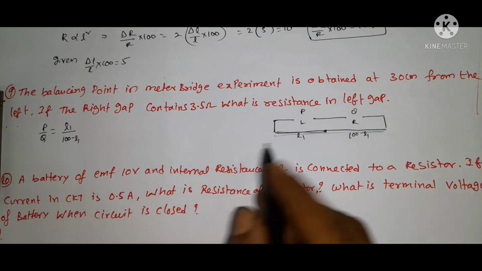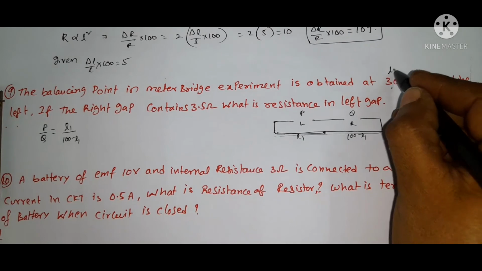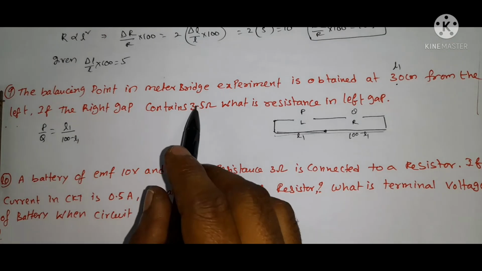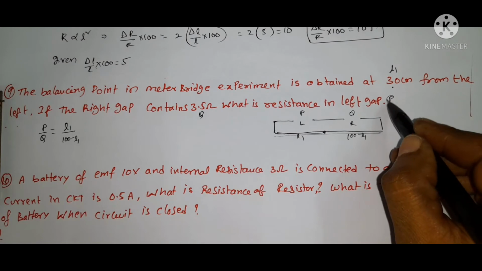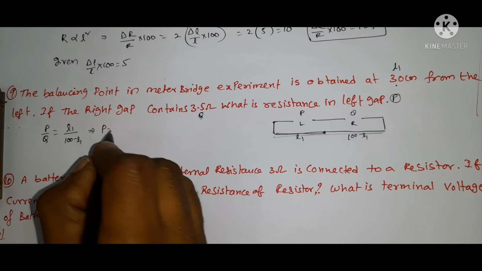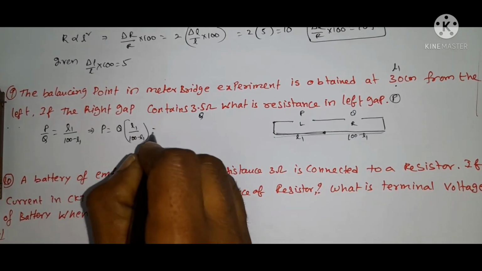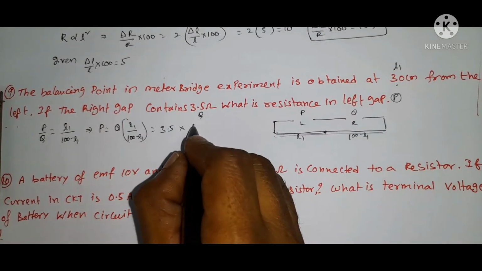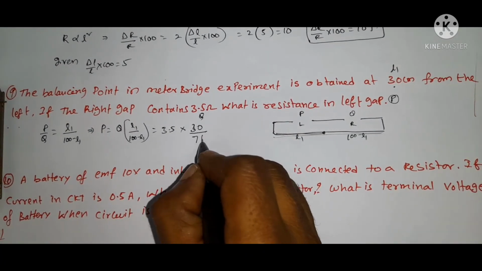From the given data, L1 is equal to 30 centimeters, and the right gap, that is the Q value, is 3.5. You have to find the left gap, that is P. Simply substituting, P is equal to Q into L1 by 100 minus L1, that is 3.5 into 30 by 100 minus 30, which is 70.